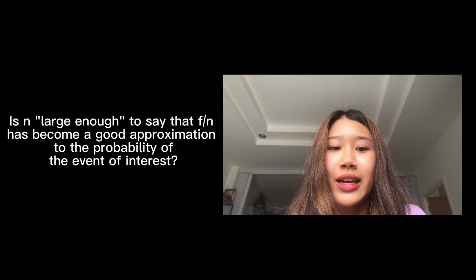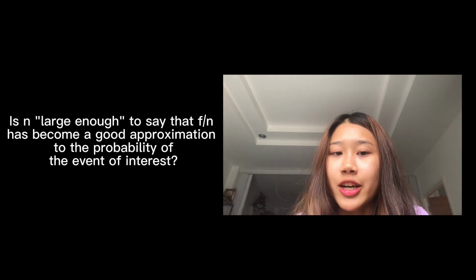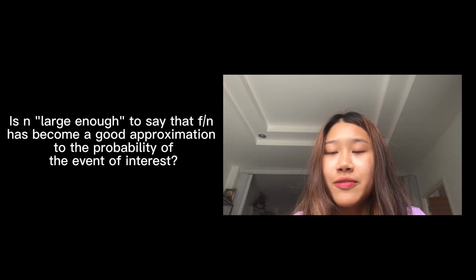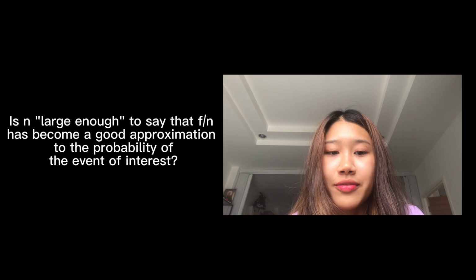It says: is n large enough to say that f divided by n has become a good approximation to the probability of the event of interest? Data collection costs money, right? And decisions must be made. So the sample should be large enough, but not larger than necessary to give the precision.